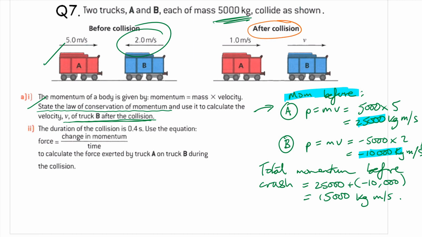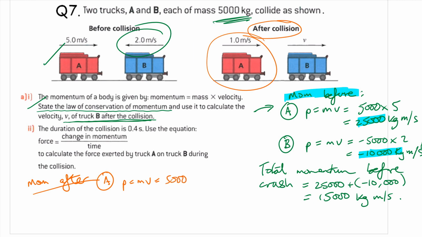Now, let's have a look at the momentum after. We can work it out for this, no problem at all. So A had a momentum of m times v, which is 5,000 kilograms multiplied by its velocity, which is 1, gives us 5,000 kilogram meters per second. Okay.